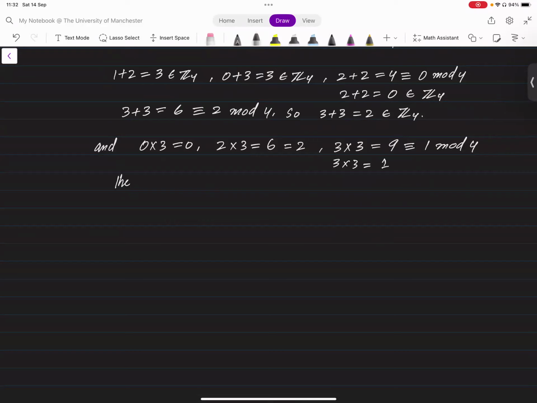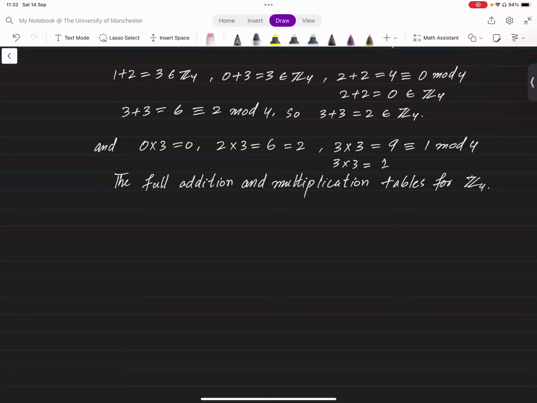So the full addition and multiplication tables for Z4 are as follows.